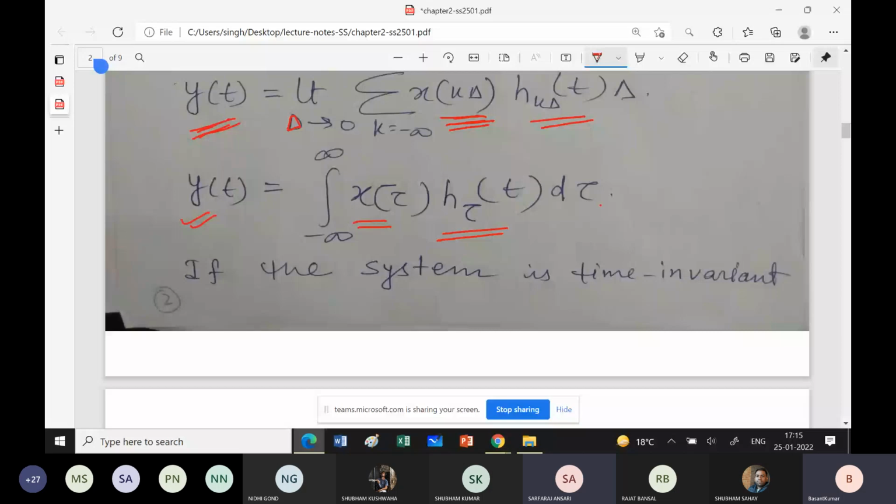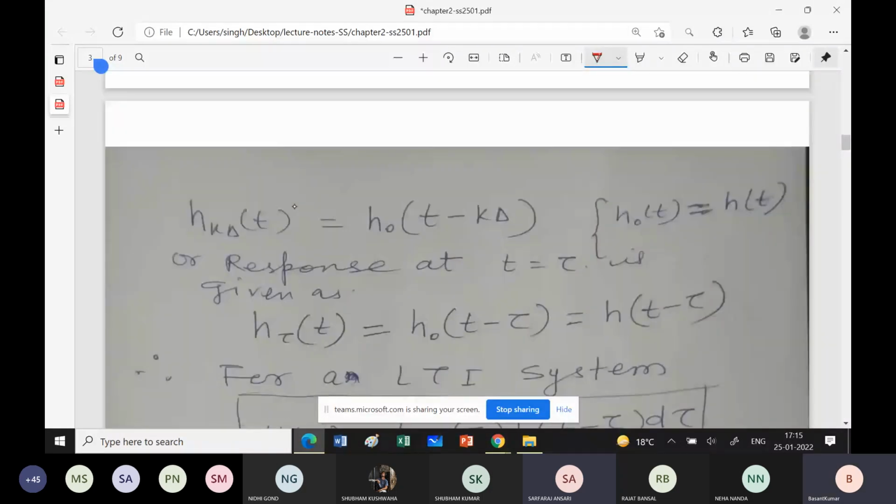Now if the system is time invariant, it means the impulse response will also not change. Impulse response will be a scaled version of the same impulse response that you obtain at any point of time, because the system is time invariant.